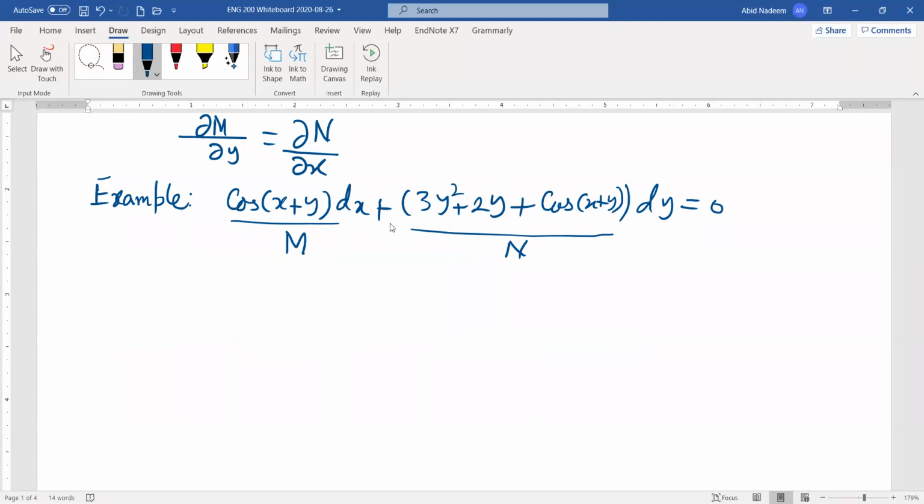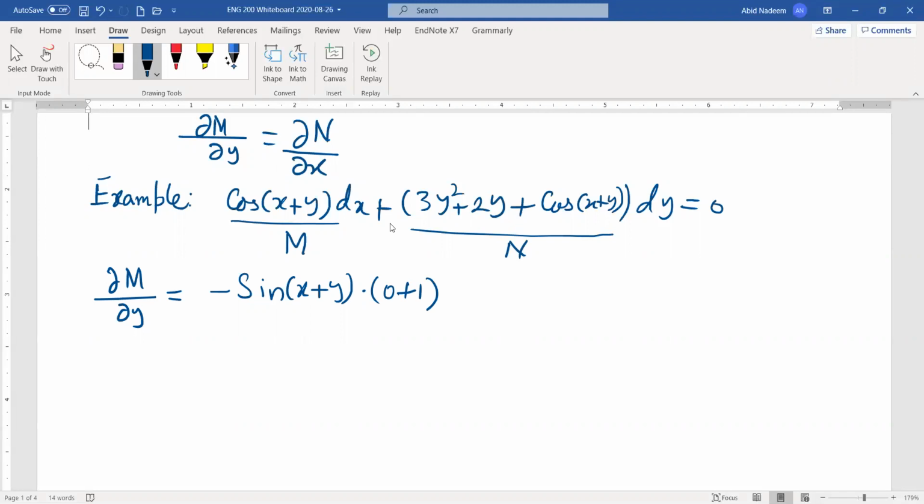For this, we take the partial derivative of M with respect to y. M is a function of both x and y. The derivative of cosine is minus sine of (x plus y), and from the chain rule, x is considered constant, so its derivative is 0 because we are differentiating with respect to y, and the derivative of y is 1.